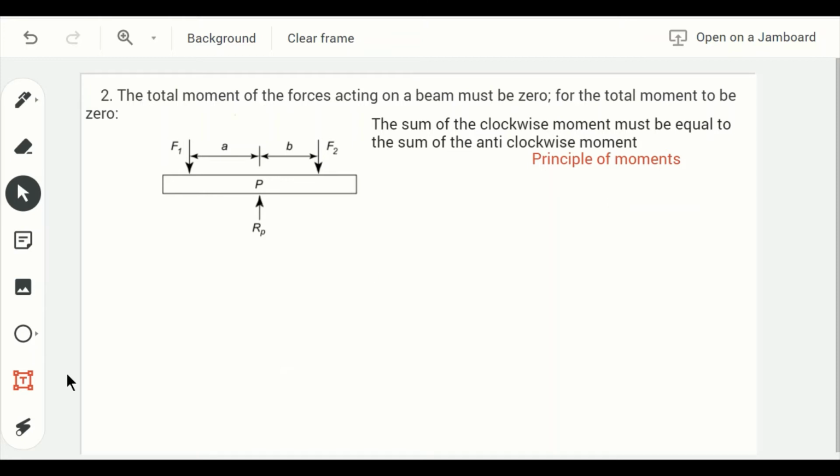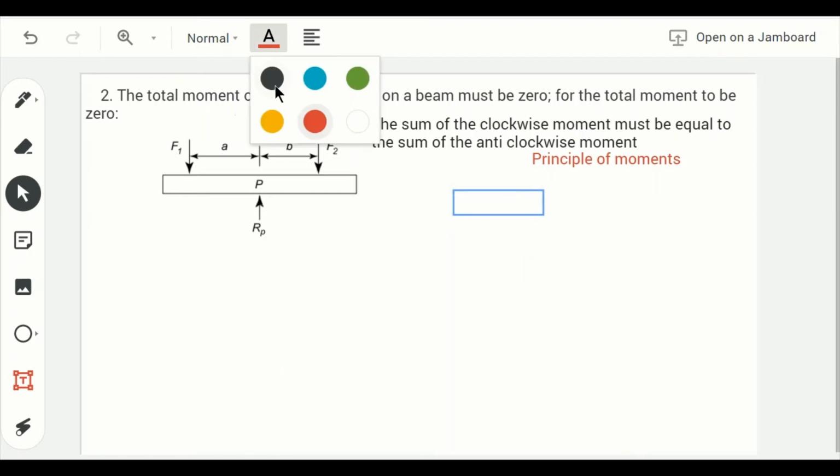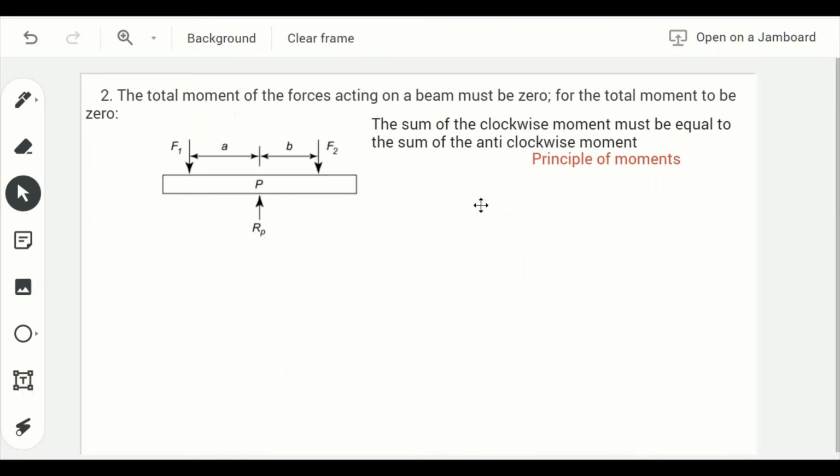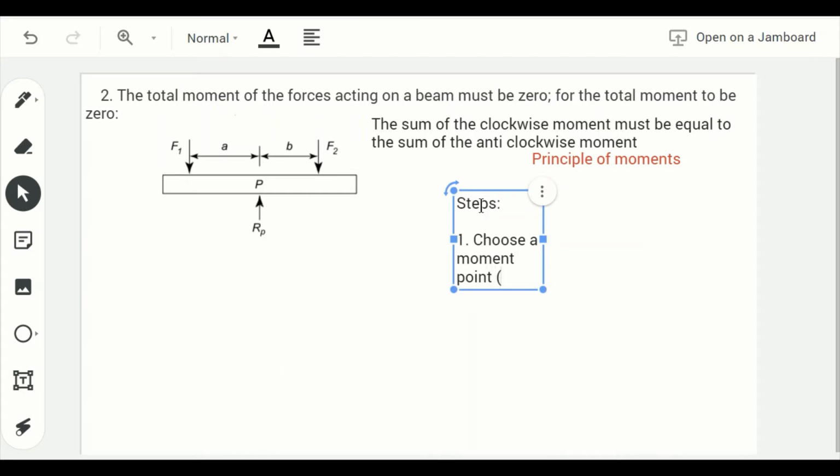Now, I will give us some steps of how we can apply this condition to questions. I'll give us at least 4 steps. Now, the steps are as follows. Step 1 is that we choose a moment point, or we can call it the pivot point.